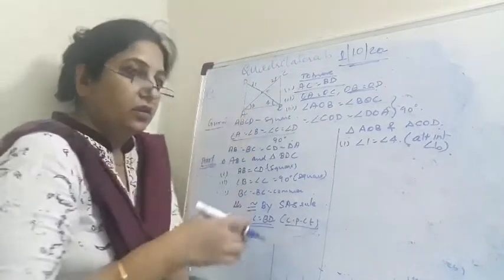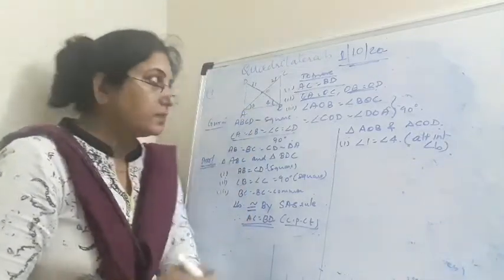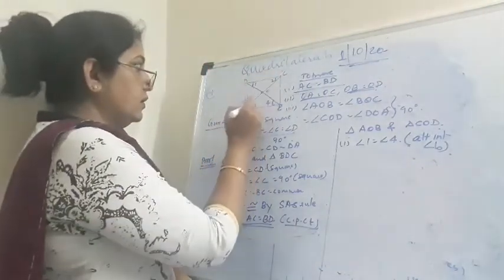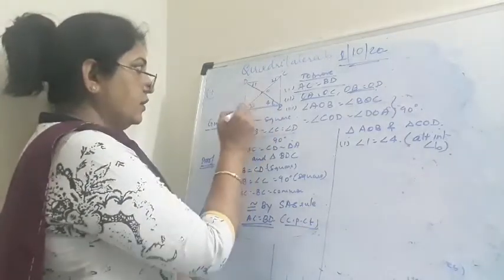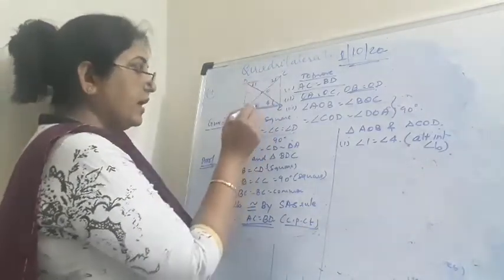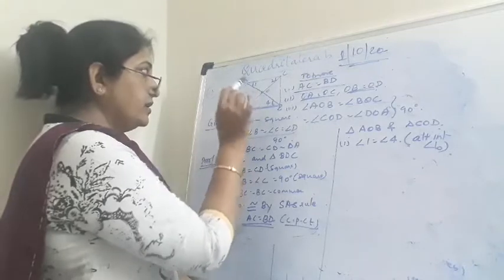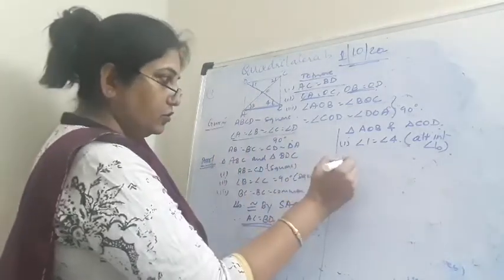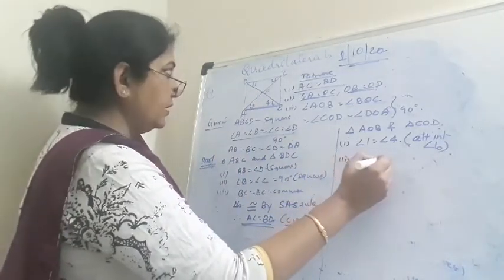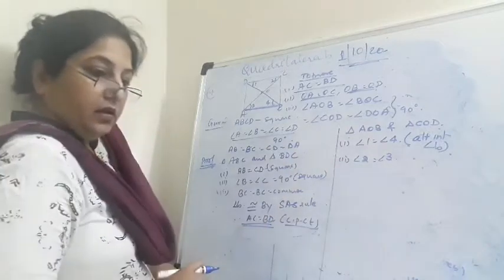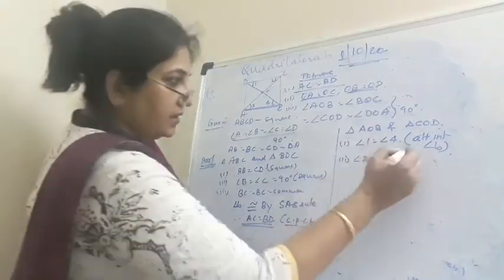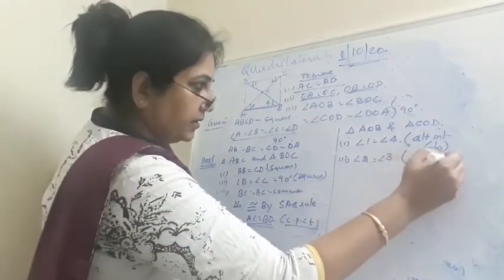You know that a square is a parallelogram, so these sides are equal and parallel. Therefore angle 1 is equal to angle 4 and angle 2 is equal to angle 3. Which type of angles are these? These are alternate interior angles.